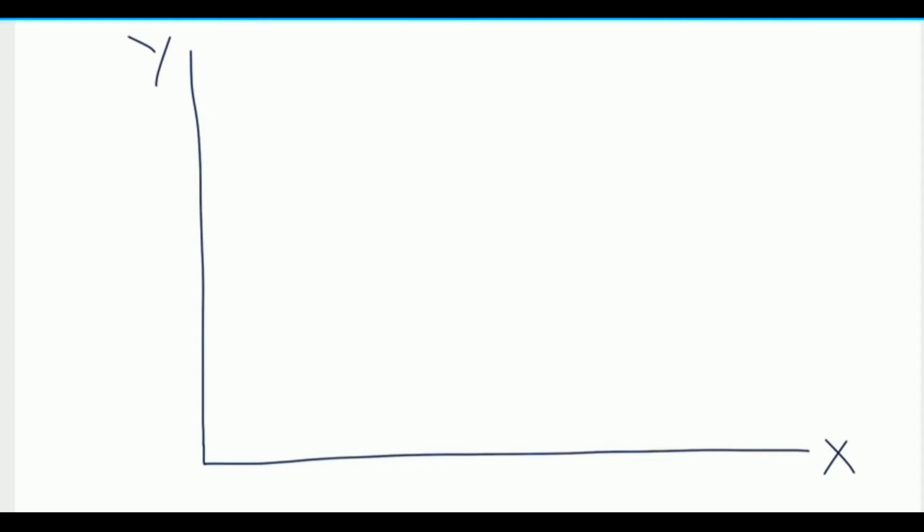This is the x-axis, this is the y-axis, 0. Let us take it as 60, 80, 100, 130, 150 and 200.